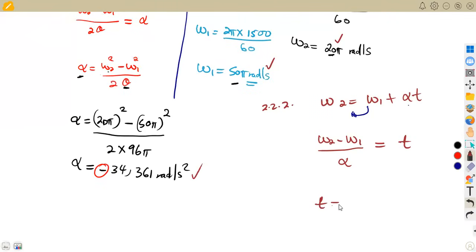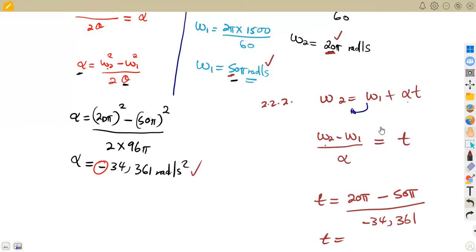So our time is going to be omega 2, that's 20 pi, minus omega 1, which is 50 pi, everything over the angular retardation, the one that we got as negative 34.361.